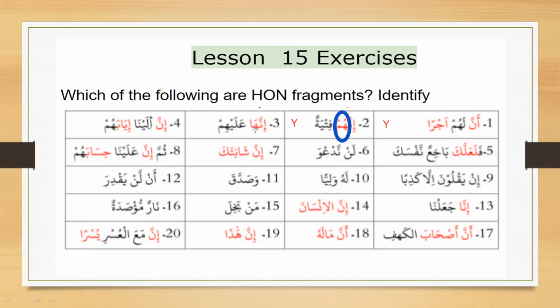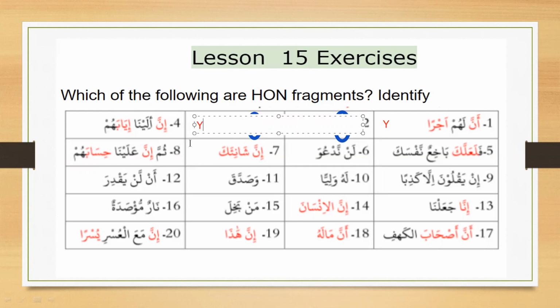But because this ha is attached to inna, this is ismu inna. And why not this attached pronoun him? Because it is attached to alai, and alai is harf jar, so this him is in jar status. So in this third example, inna and ha are the harf of nasb fragment.